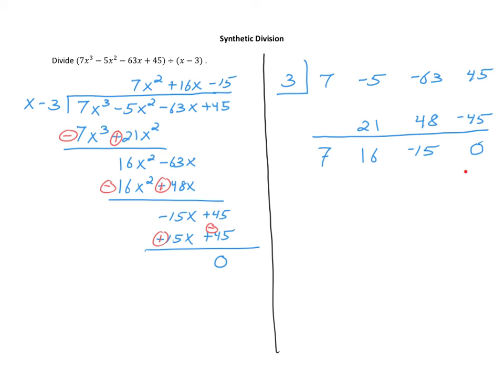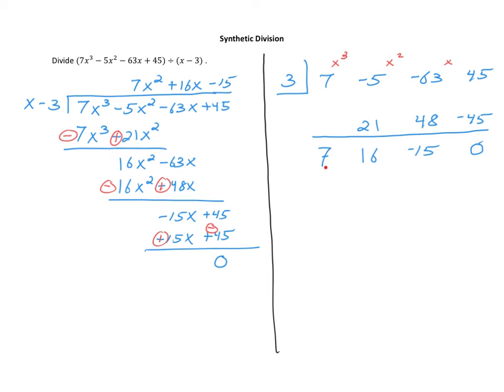So how do you actually read the answer over here? So I'm just going to put this as a reference. This 7 referred to the x cubed. So I'll say this was the 7x cubed, this was the -5x squared, this was the -63x, and the last thing was just a constant.